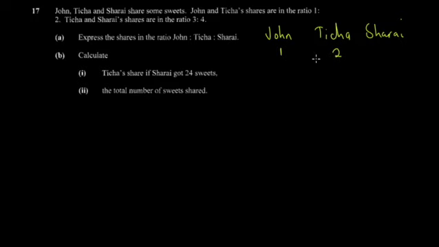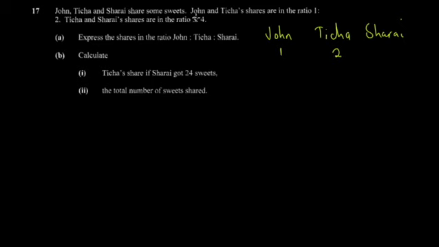Okay, and for Sharai's share, you're told that they're in the ratio 3:4. That means teacher's share would be 3 for this case, and then Sharai's share would be 4. But then here the problem is that teacher, we had assigned as 2 here, so we can actually convert teacher's share to get the corresponding one.